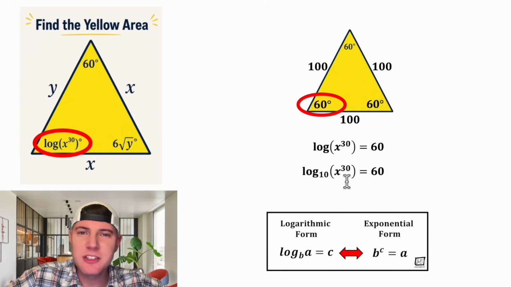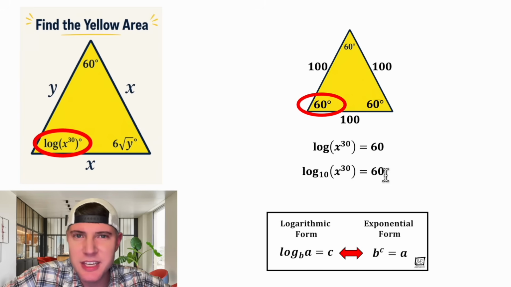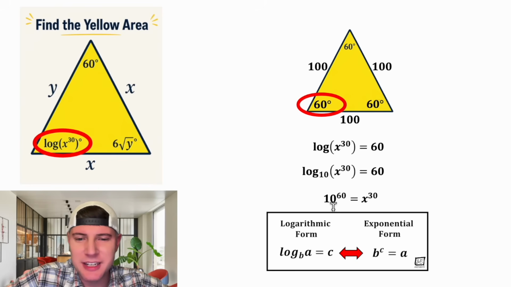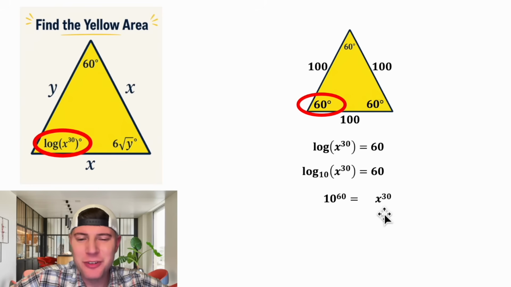Next, we can use these notes to rewrite this log in exponential form. Anytime you have log base b of a equals c, it ends up being b to the power of c equals a. So this will be rewritten as 10 to the power of 60 equals x to the power of 30. We just rewrote this in exponential form. And then to solve for the x, we can take the 30th root of both sides.